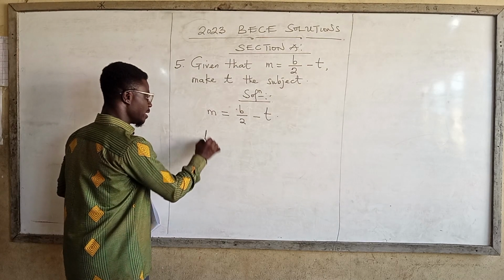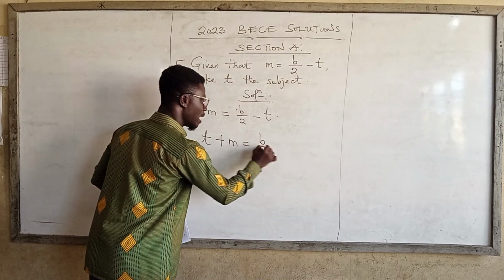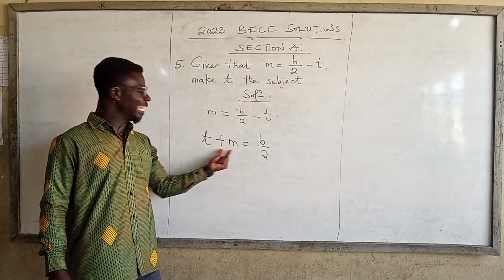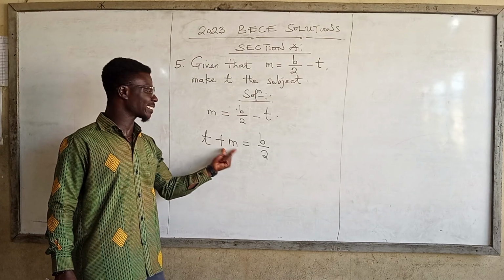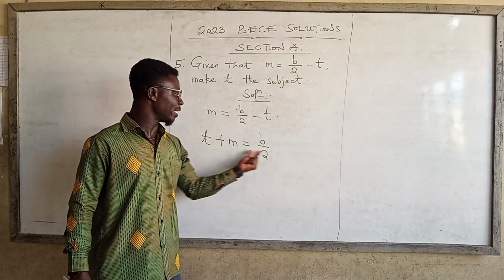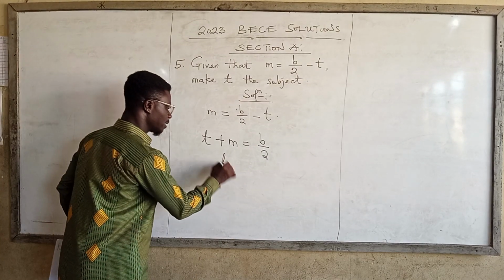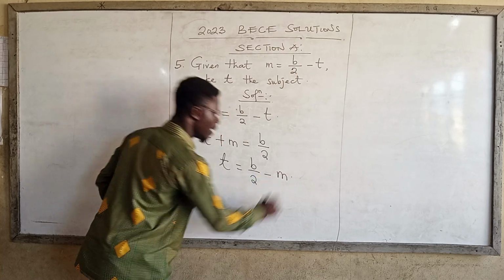So we get t plus m equals b over 2. Now, we are interested in t, not m, so we send this plus m to the right hand side. So we obtain t equals b over 2 minus m.